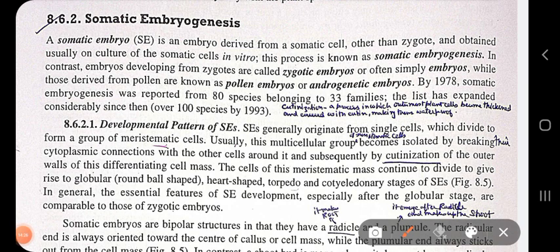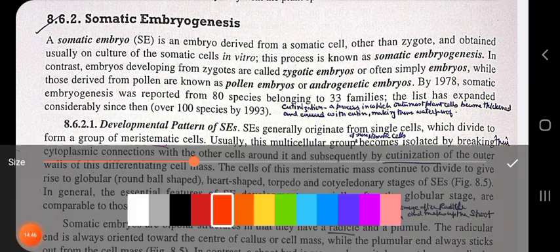So it is saying that usually this multicellular group of meristematic cells become isolated by breaking their cytoplasmic connection with the other cells. I'm drawing a diagram, and there is a diagram after this also.